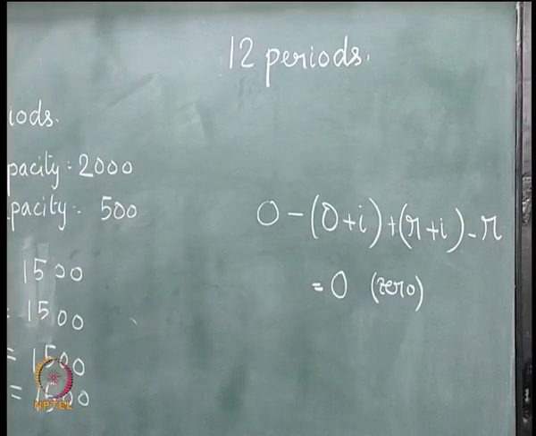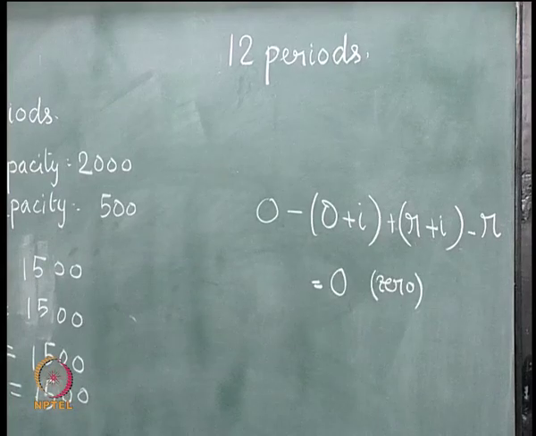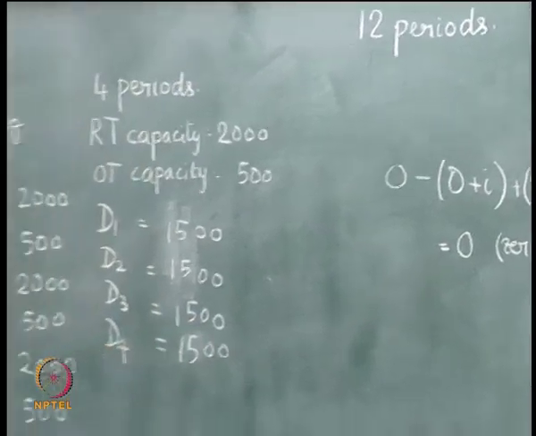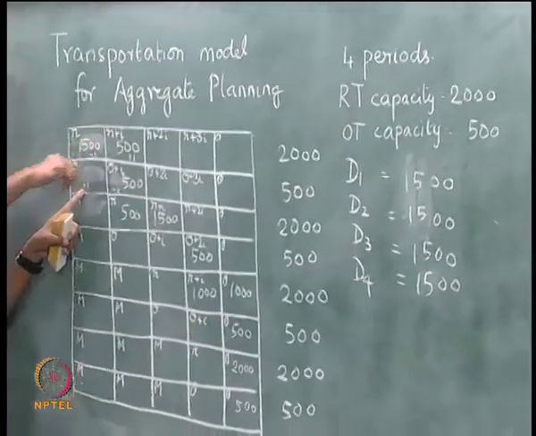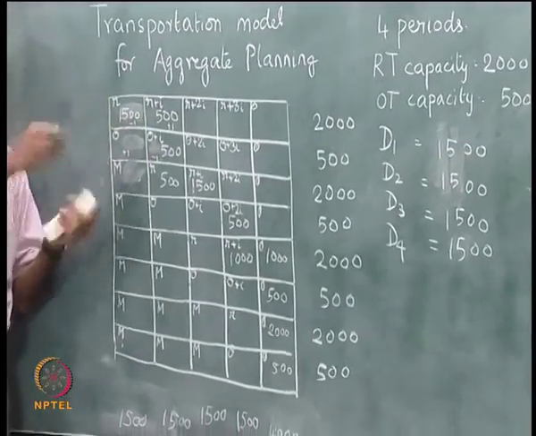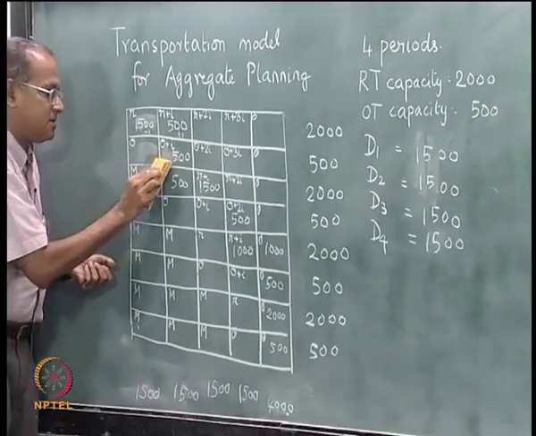So, we observe here that if we try and put a plus 1 here, there is not a gain, the cost remains the same. So, we try and do this.